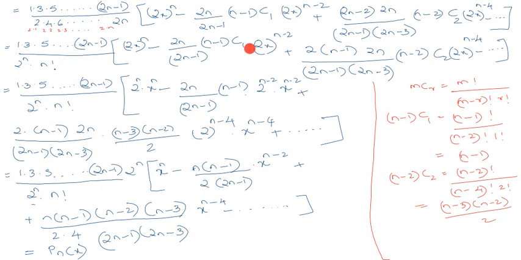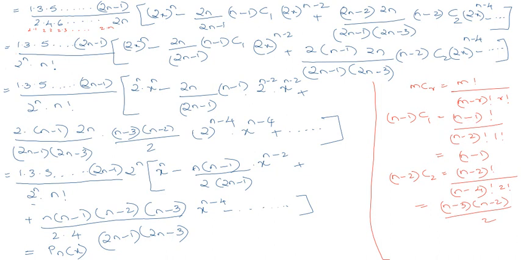So that n minus 1 c1 is equal to n minus 1 factorial divided by n minus 2 factorial into 1 factorial. 1 factorial is 1. While writing n minus 1 factorial and n minus 2 factorial, here in the denominator you are having all terms up to n minus 2, and in the numerator we are having all terms up to n minus 1.